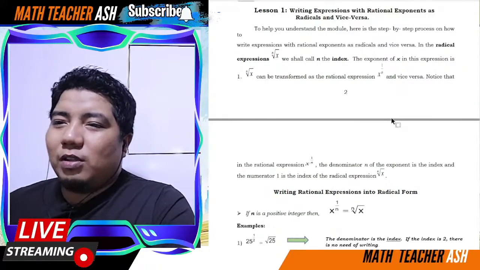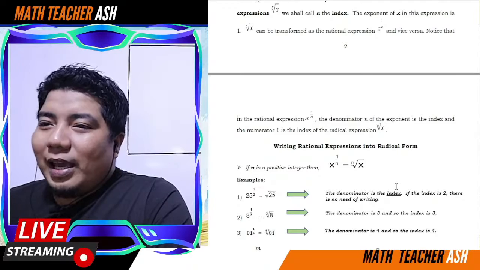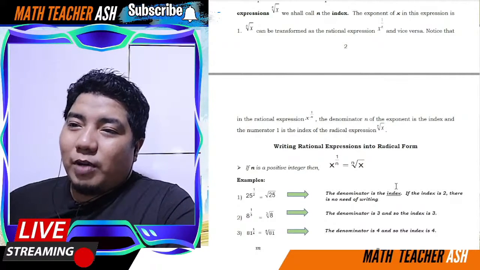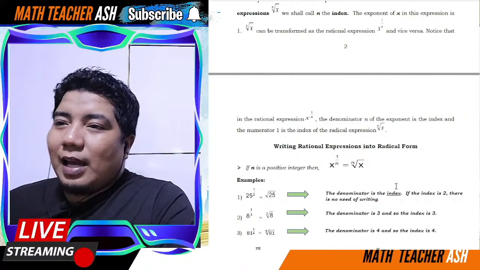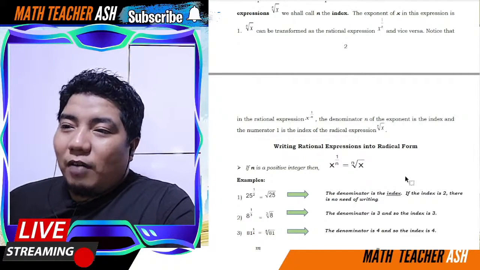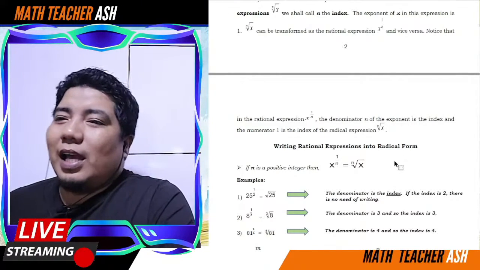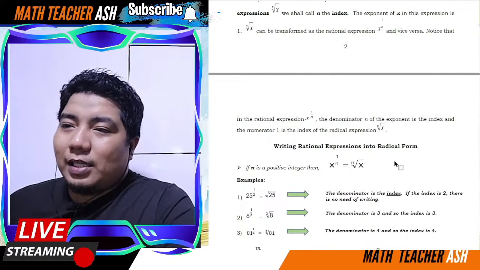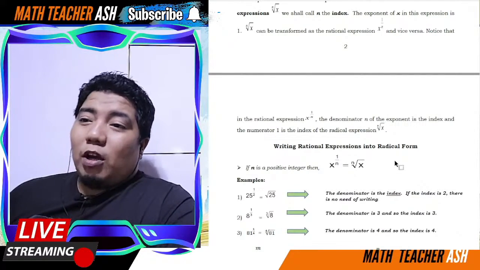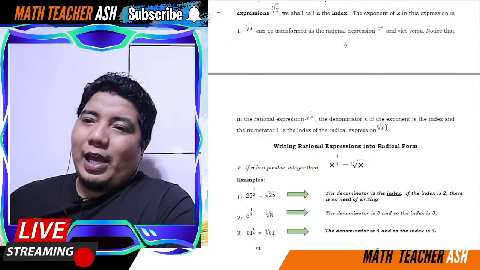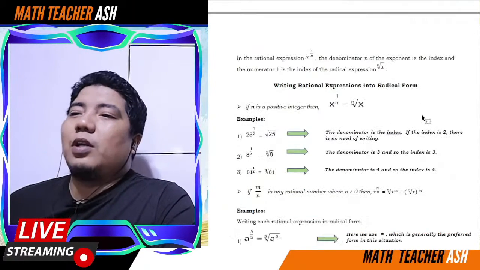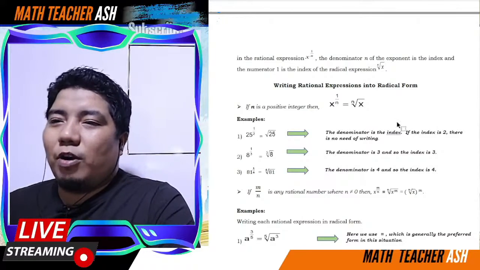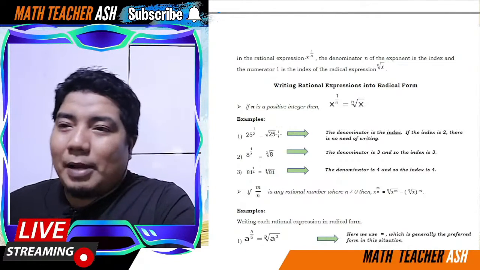Now, let us continue. Notice that in the rational expression, x to the power of 1 over n, the denominator n of the exponent is the index. At yung numerator naman is the exponent of the radical expression, which is the x. Okay, x to the power of 1. So, writing rational expression into radical form. Now, kabaliktaran naman.